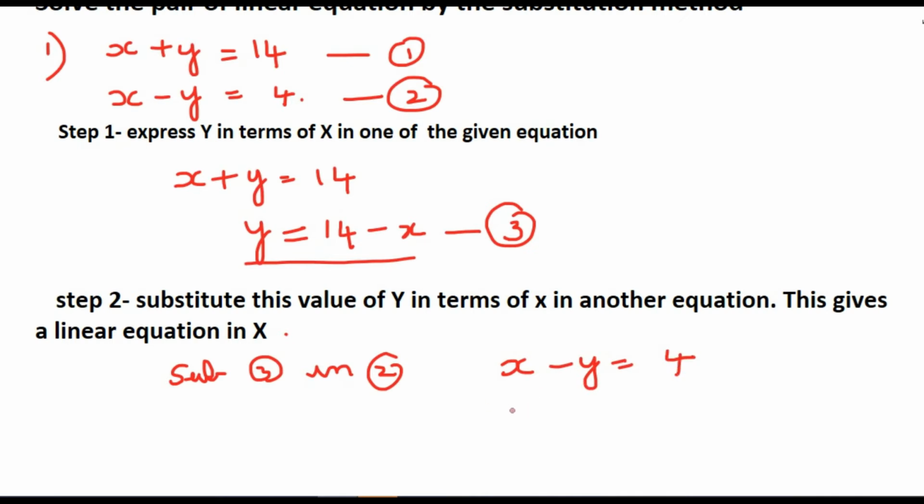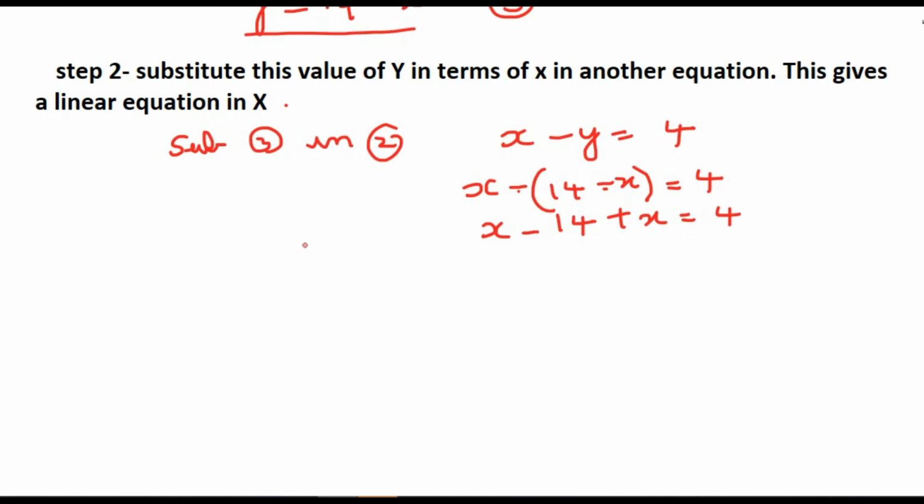Wherever y is there, I substitute 14 minus x. So x minus (14 minus x) equal to 4. Minus into minus is plus, so x minus 14 plus x equal to 4, which is 2x minus 14 equal to 4. Now I got the linear equation in x.